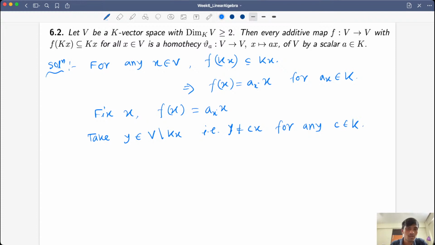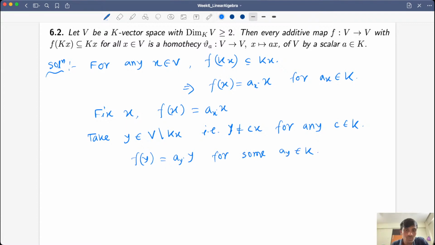Then for this y also, I know that f of y still has the form a_y times y, because ky is contained in ky, for some a_y belonging to k.